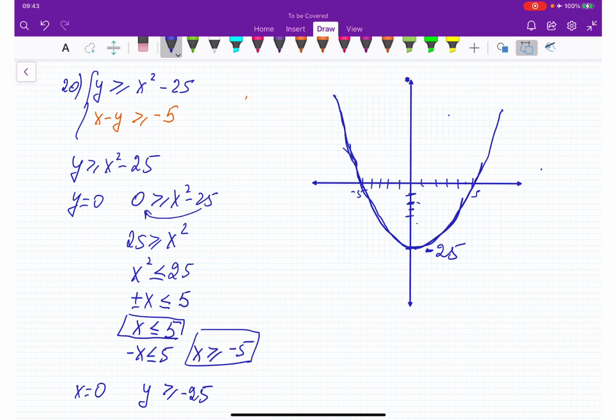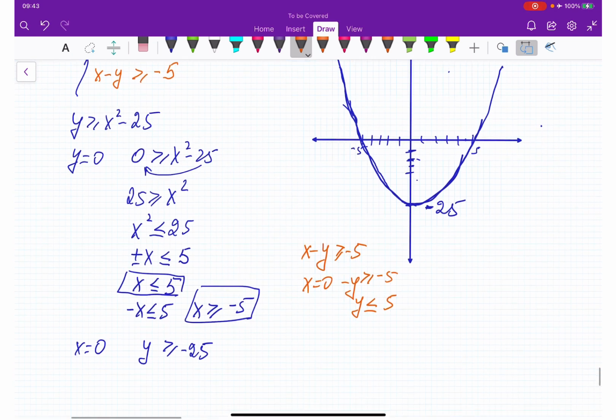Now, second one, x minus y greater equal negative 5. So x is equal 0, negative y greater equal negative 5. Y is less equal positive 5. So y is equal 0, and we get x greater equal negative 5.